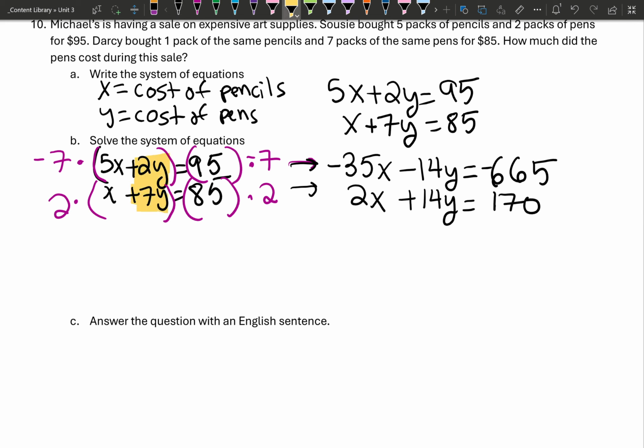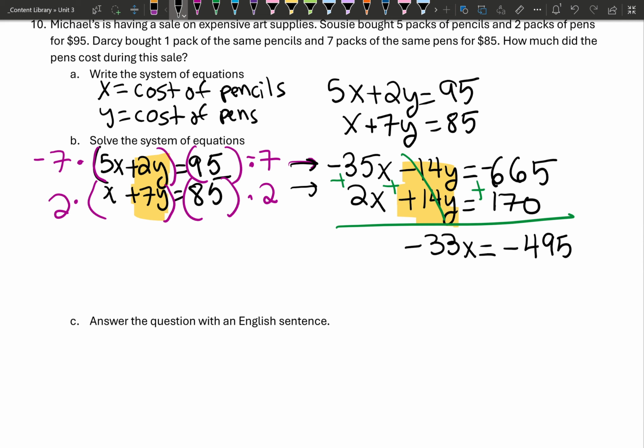As you can see, we made our y's opposite. So now, let's add everything going up and down. Negative 35 plus 2 is negative 33x. And negative 665 plus 170 is negative 495.